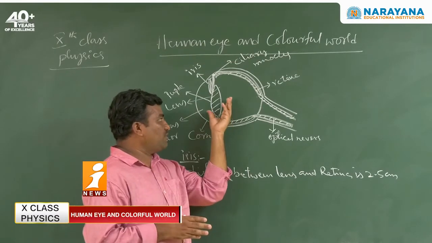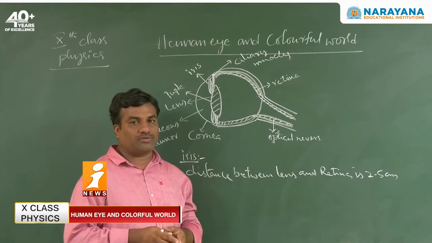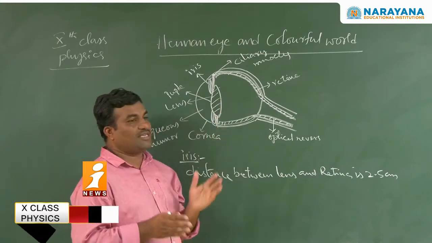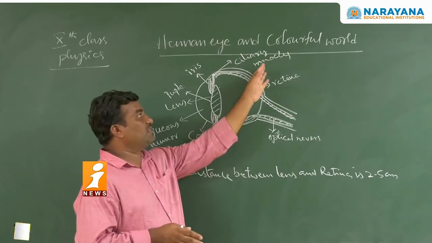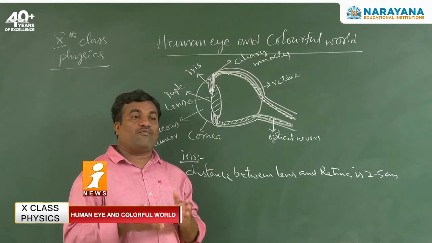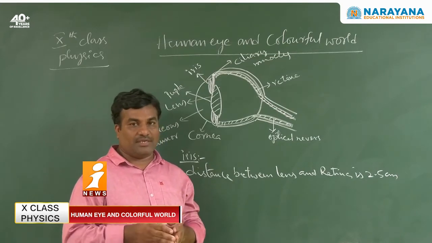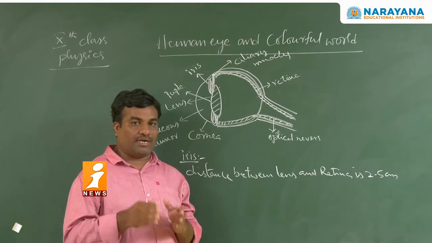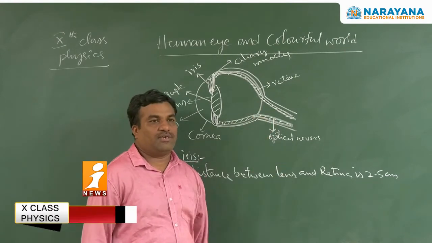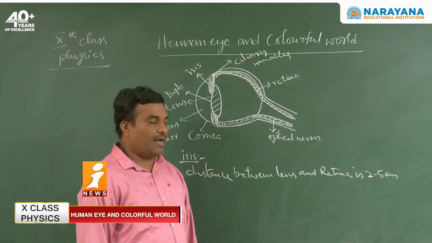Next, the same applies to closer or near objects, where the focal length is minimum. Why? The ciliary muscles are strained and adjust the focal length of the eye lens, and we get the same image formation on the retina. So the ciliary muscles can change the focal length of the eye lens.